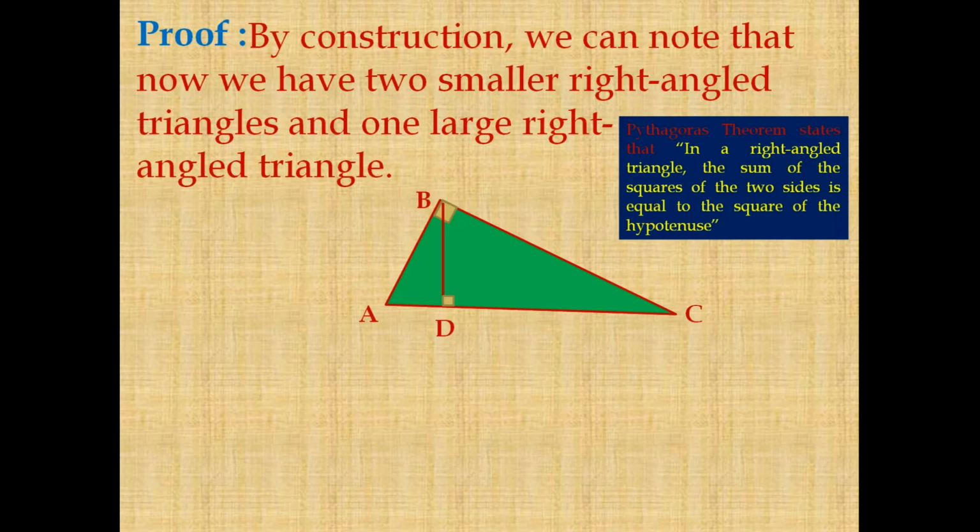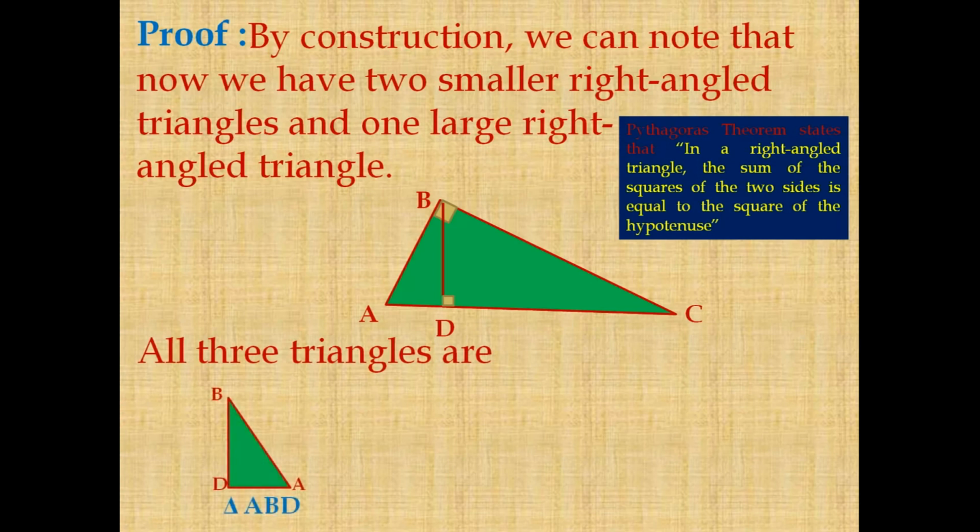Have you seen them? What are those? All three triangles are, look here, triangle ABD, small triangle. Another one, triangle BCD, and the given triangle, that is triangle ACB.